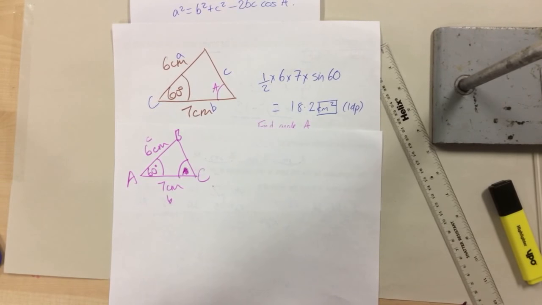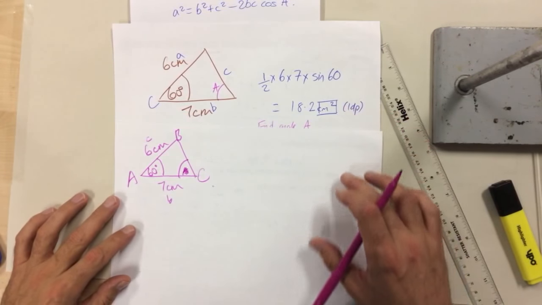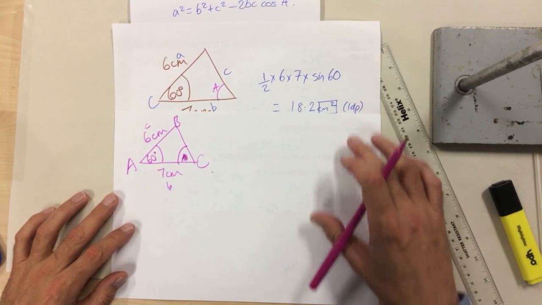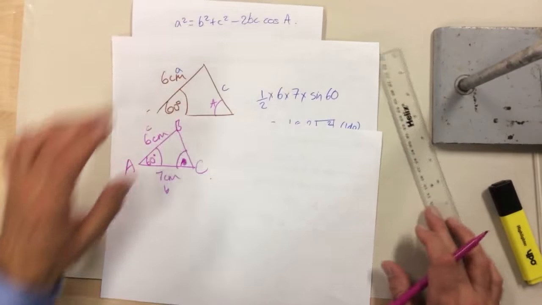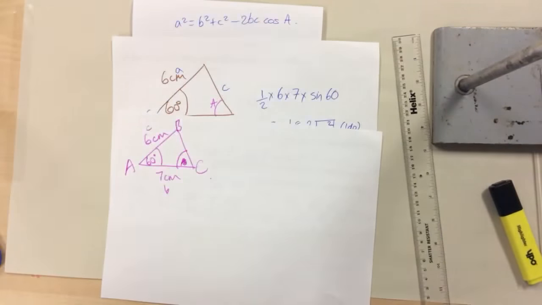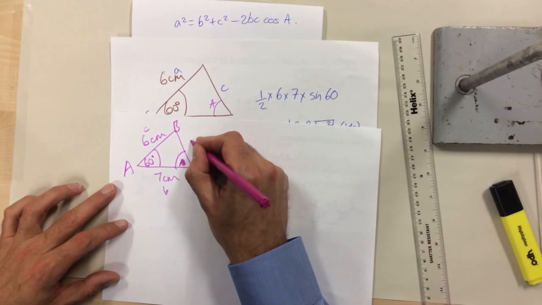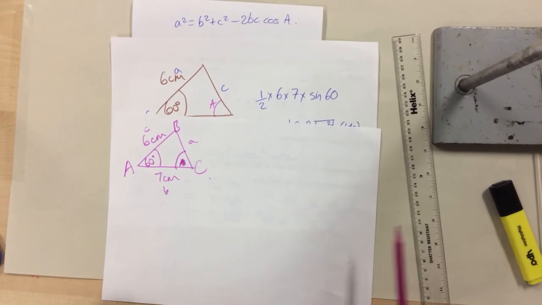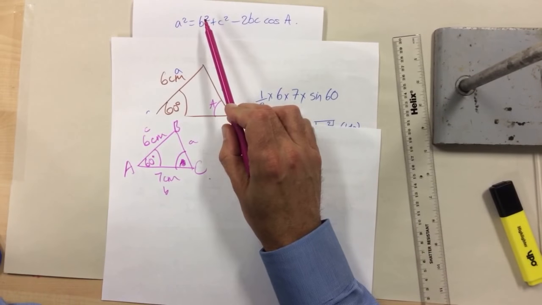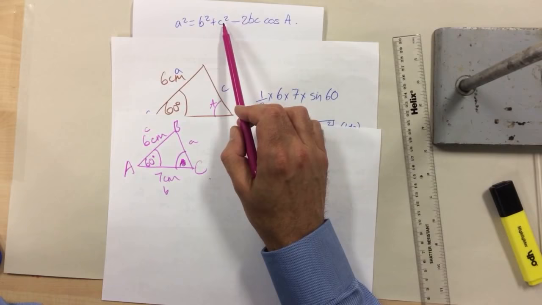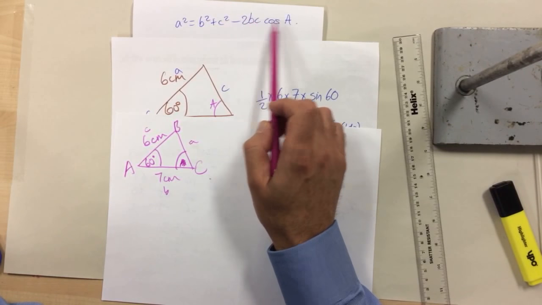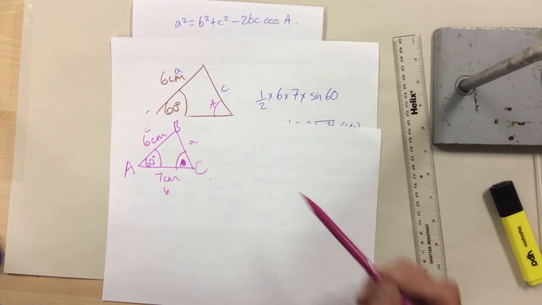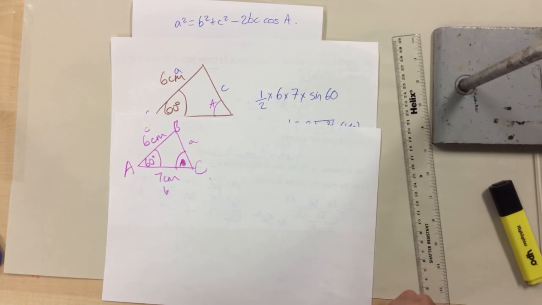Okay, so are we all right now? Do we think we can do this? Substituting in everything that we know, we've got little a over here, which we don't know, and looking at my formula now, we know b squared, we know c squared, and we know cos A. So we should be okay to find that side.